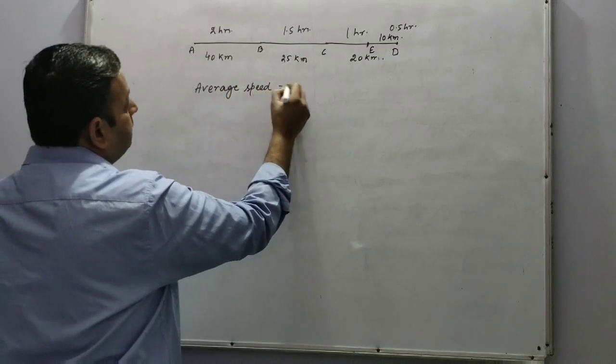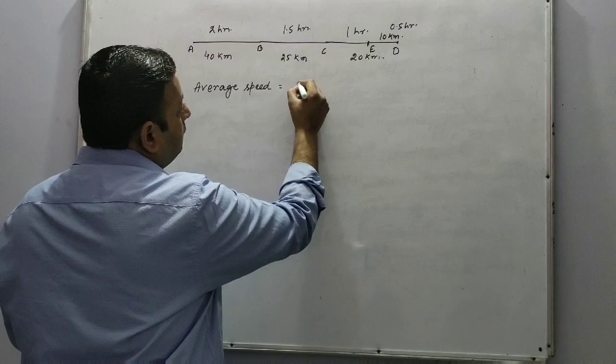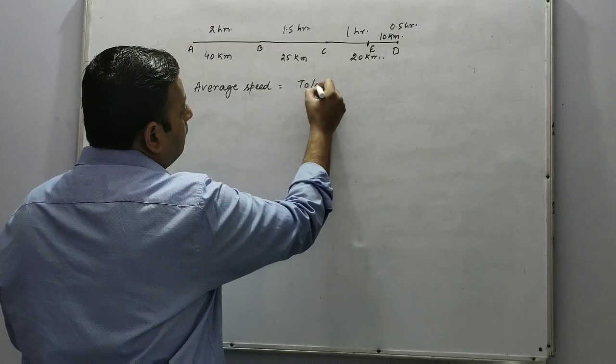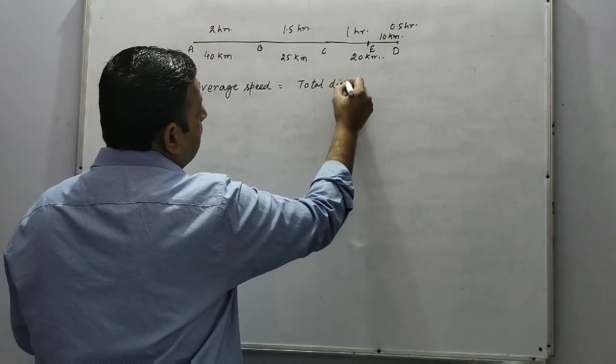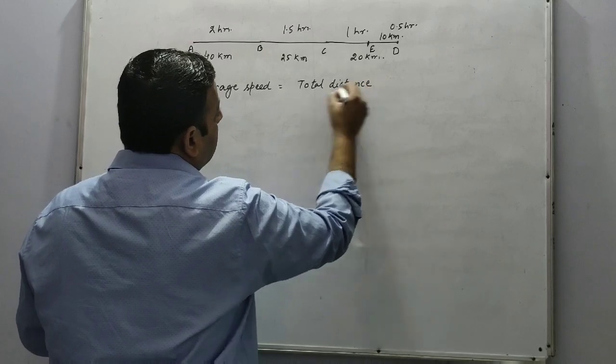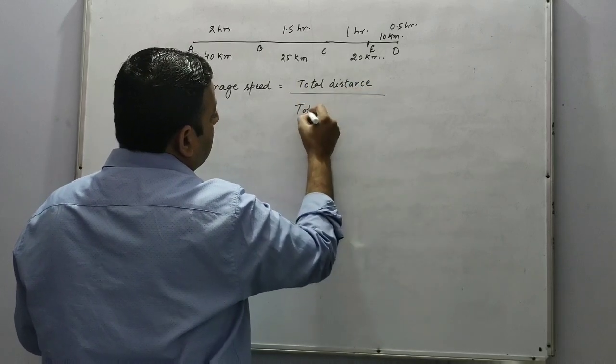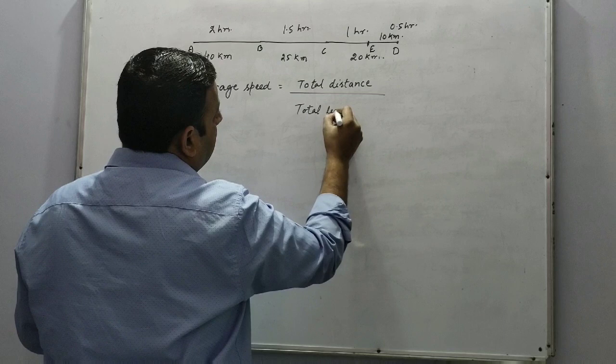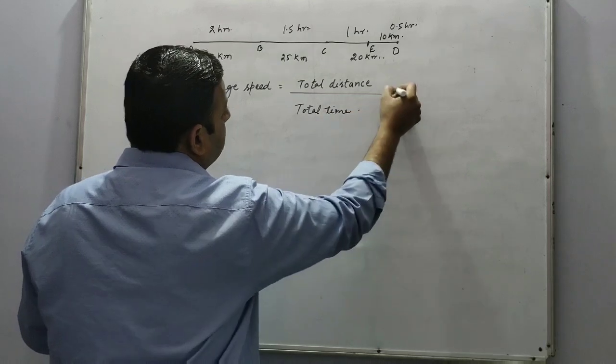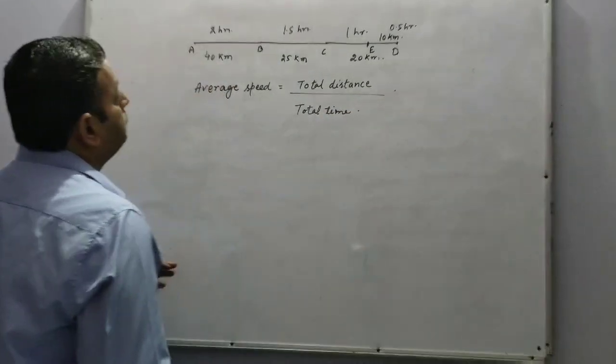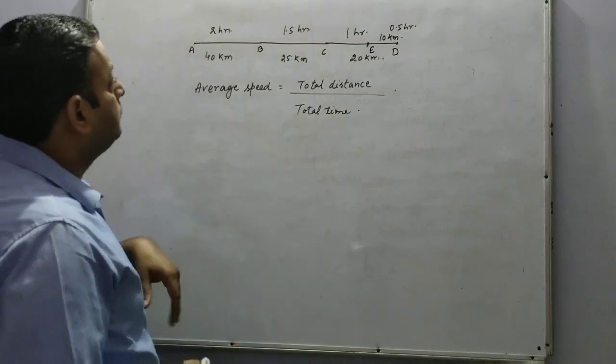Now, average speed is equal to total distance upon total time. So, total distance we have to find out.